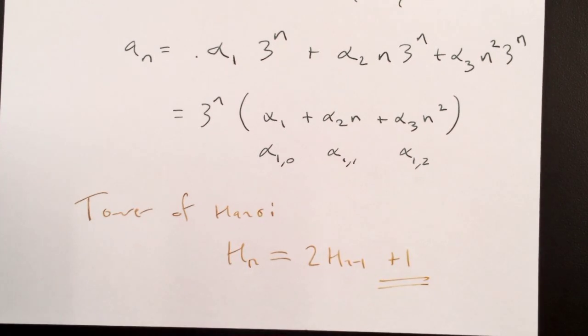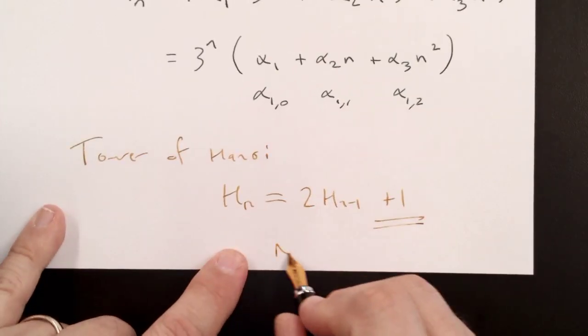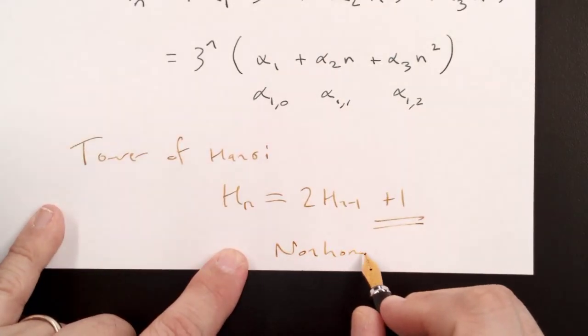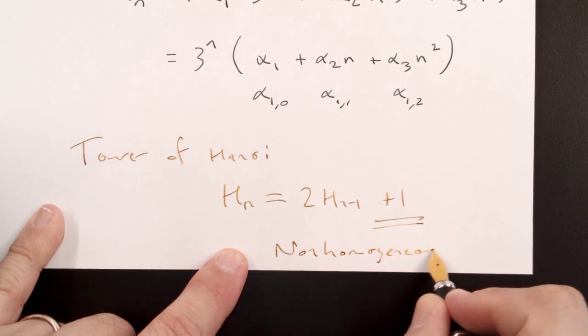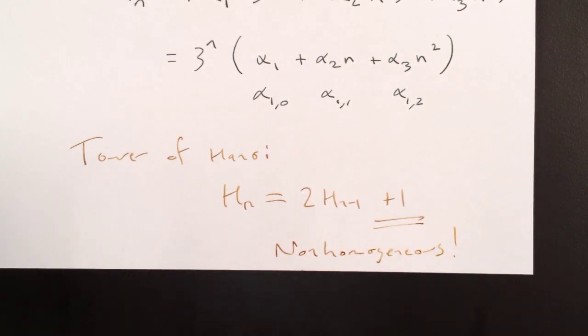And that +1 made this different. What kind of an equation is this? This is no longer homogeneous, because that piece doesn't depend on another term. It's just a +1 every time.